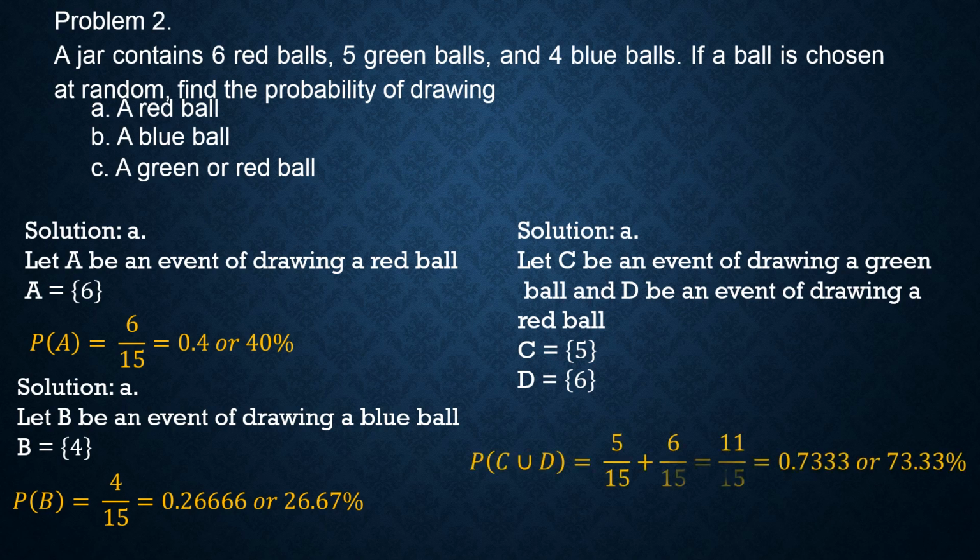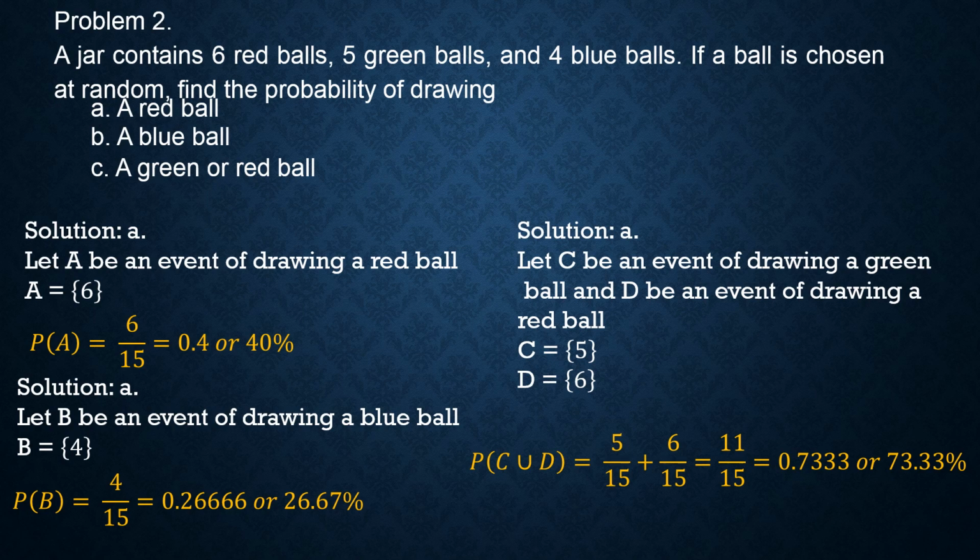Therefore, to get the probability of getting a green or a red ball, we have the probability of C union D. Okay, union because that is under addition. So 5 over 15 plus 6 over 15 is equal to 11 over 15. Dividing 11 by 15, we get 0.7333 or 73.33%.